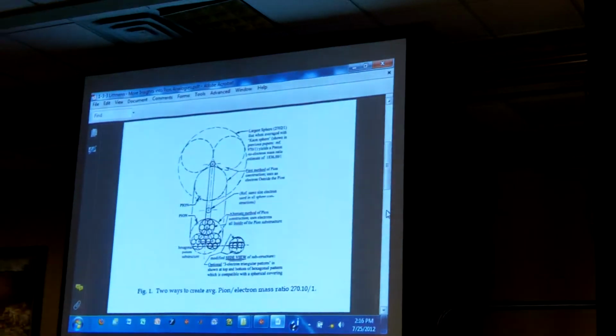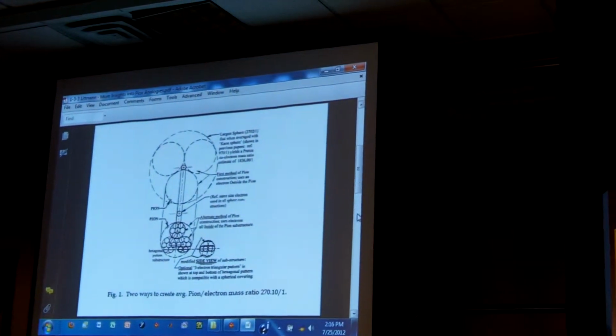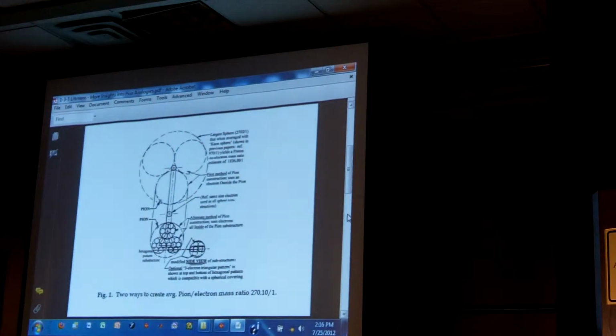Now, I have recently discovered another mass pattern, another sphere pattern, as shown in the slide's lower sketch. And that also generates the same volume ratio, 270.1 to 1.